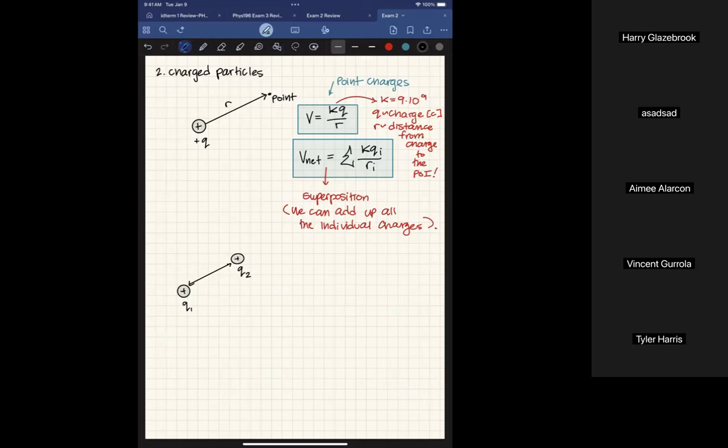The electric potential energy between those two particles, which we note with a U, is just K, Q1, Q2, over the distance between them, which I'm going to call R12. Again, this is the electric potential energy.